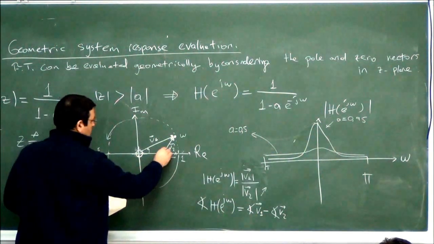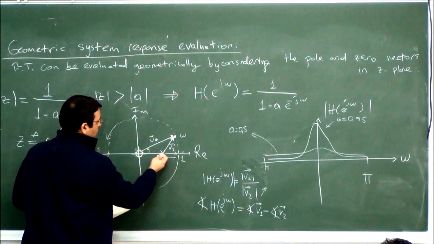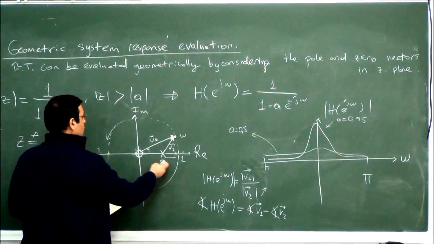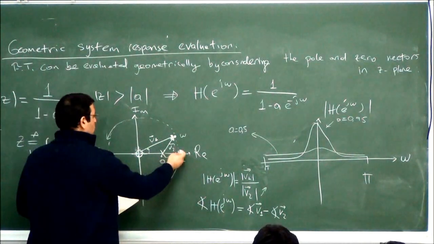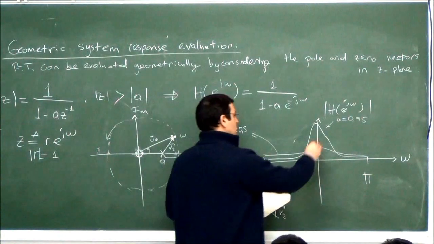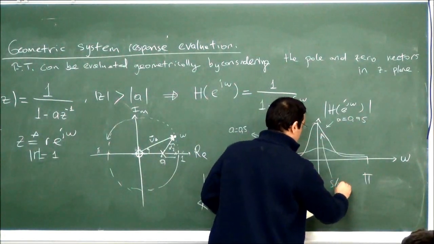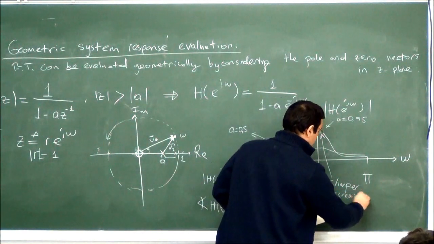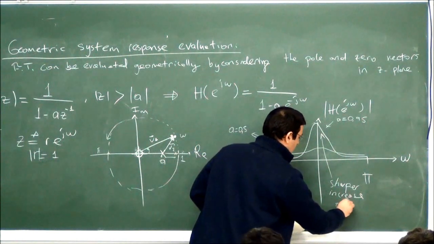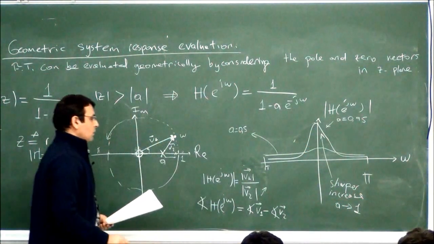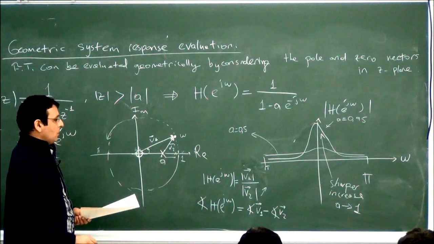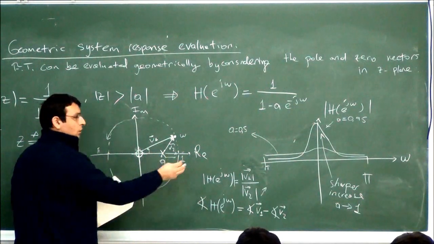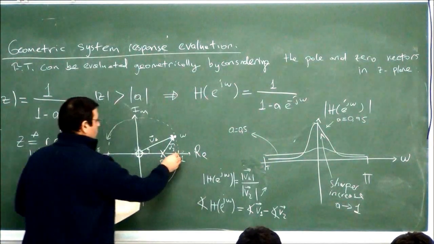If you increase the value of A, and this pole is closing to the unit circle, this will be sharper. So the sharper increase. If A comes to 1, as you see, you're starting to plot your Fourier transform from this point.